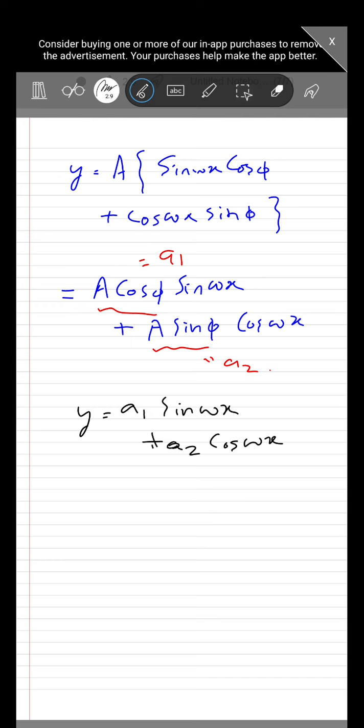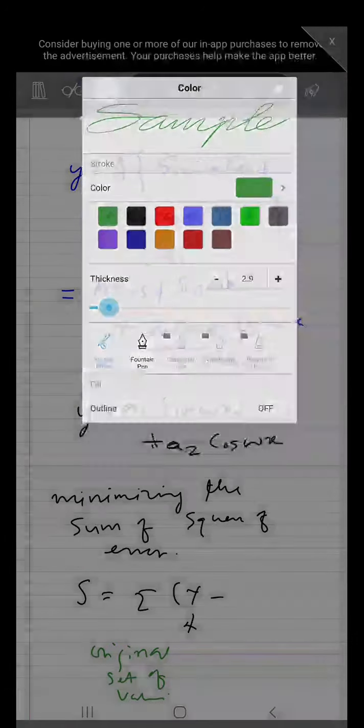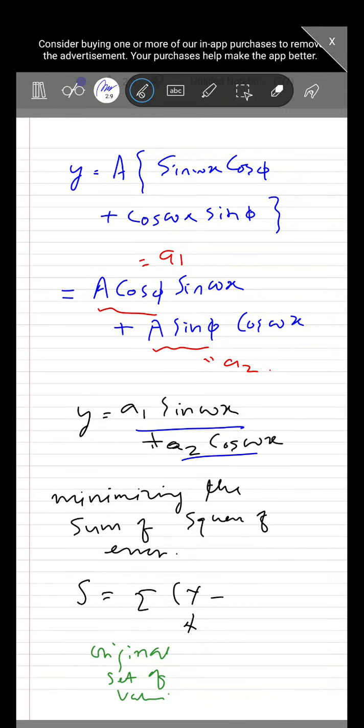Now using the idea of minimizing the sum of squares of the errors, that we mean summation of y minus y corresponding to, that is, this is the original or the given set of values which needs to be fitted, and this one is the one which is the deviation.